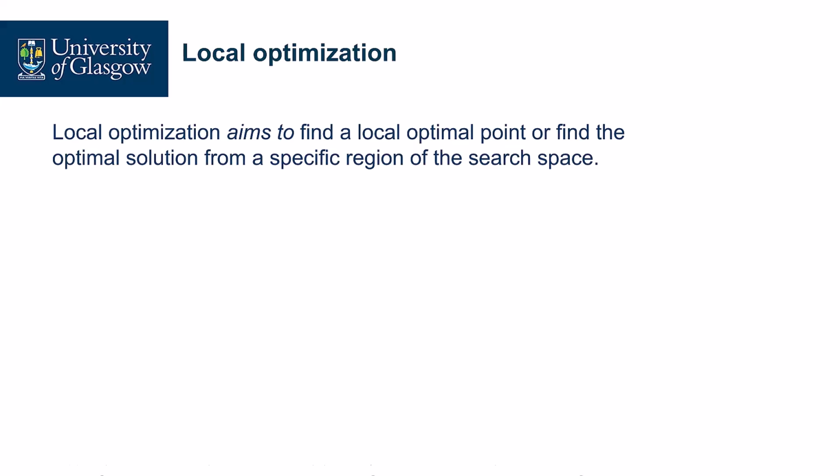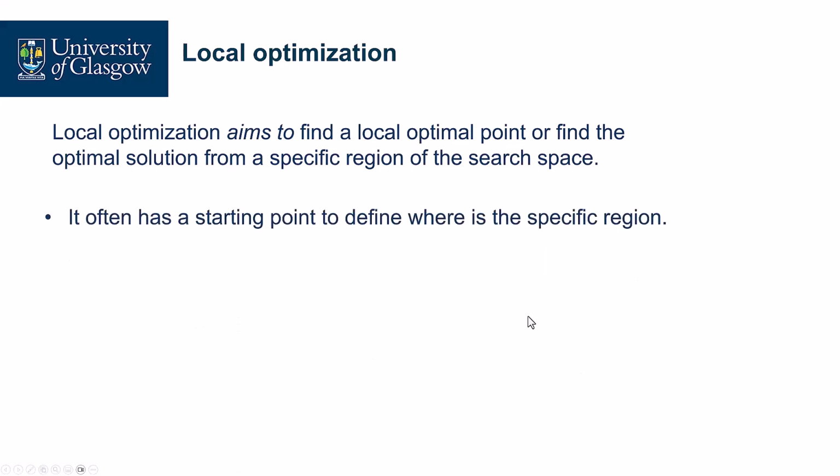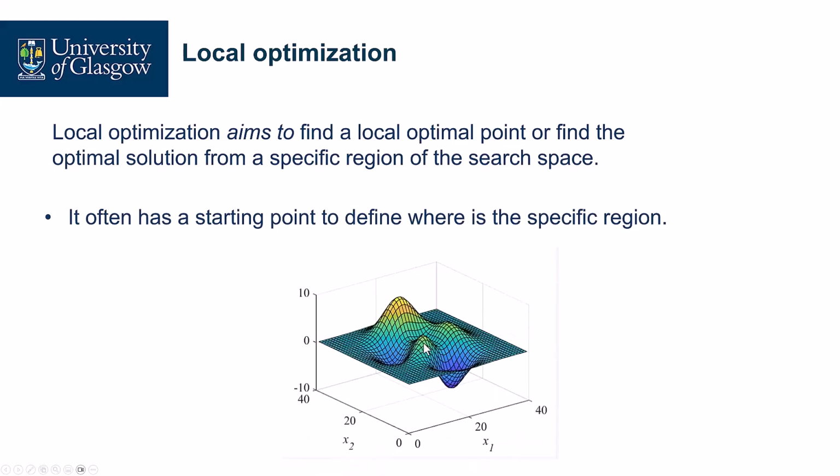Often we use a starting point to define a specific region. For example, in this figure, if I start from here, I might get this local optimum. So this is a region. If I start here, I may come to here. If I start here, I may come to this local optimal solution, and this is a global optimal one as well, right?